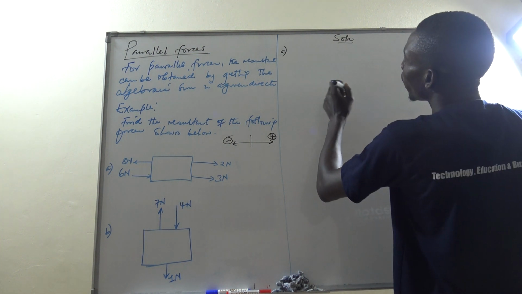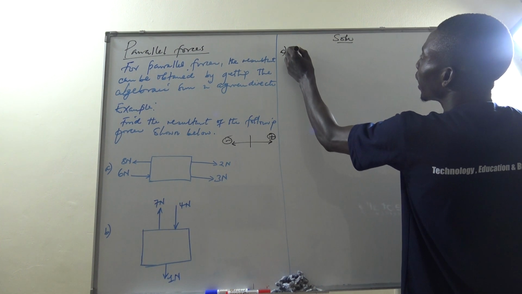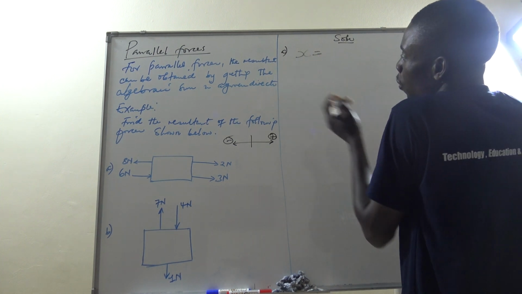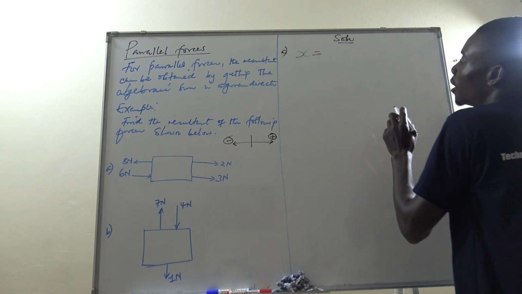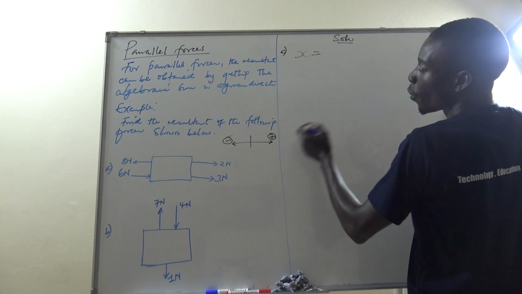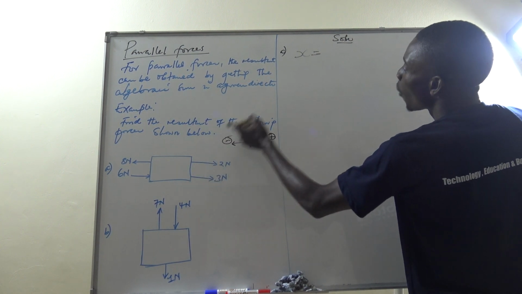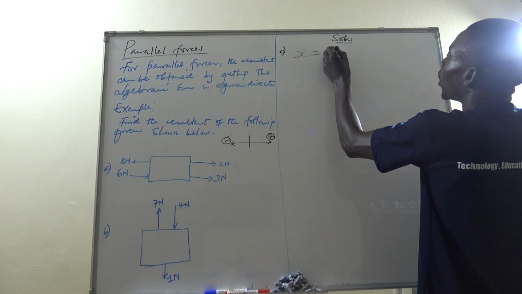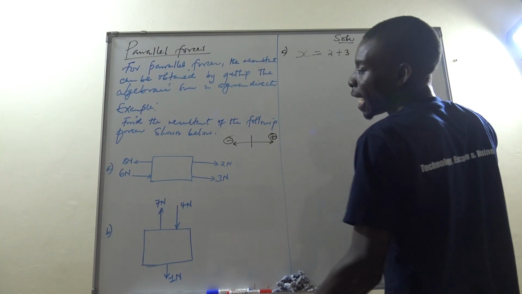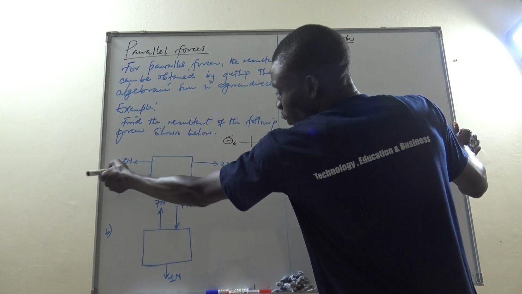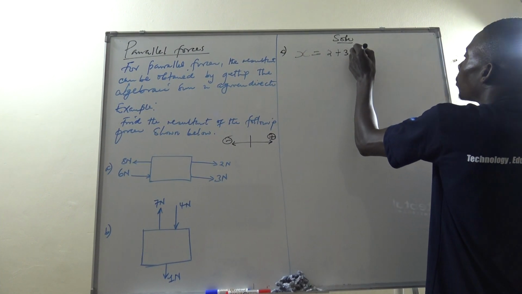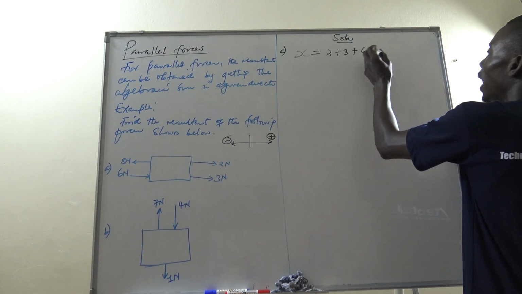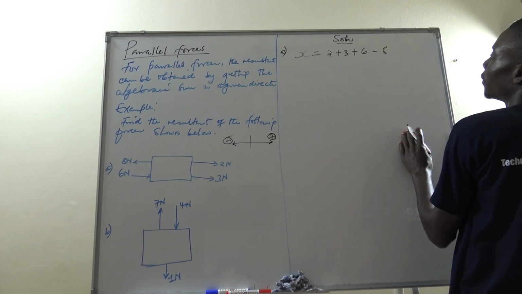So here we can say our resultant in X, because it's a horizontal force, the summation of forces in X, is equivalent to: these going this side I call positive, this one is also positive, this one on the other side should be positive, and this one is the only one going the other side, so it is negative.